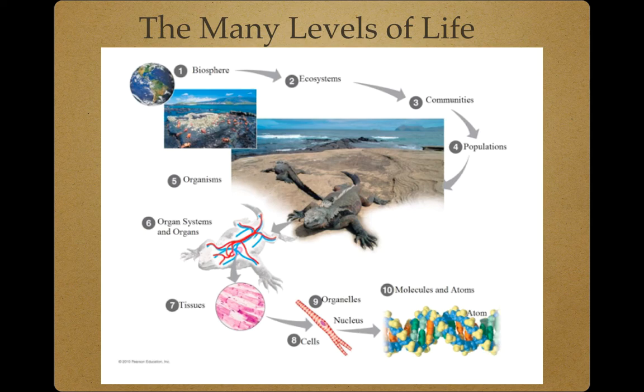Population is made up of organisms living within a specific area, and these organisms have organ systems and organs. And their organ systems and organs are made up of tissues. Tissues are made up of cells. Cells are made up of organelles. And the nucleus of organelles contain molecules and atoms.